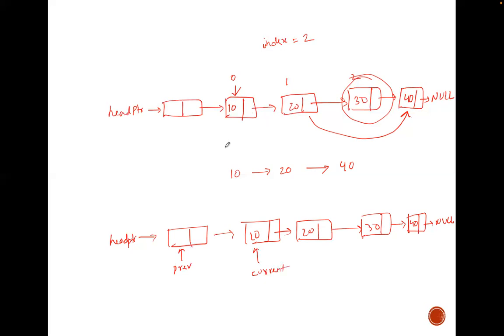We're going to run a loop starting with i equals 0, and continue this loop until i equals index, which is 2.